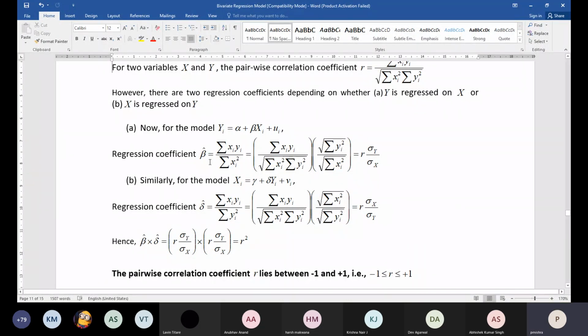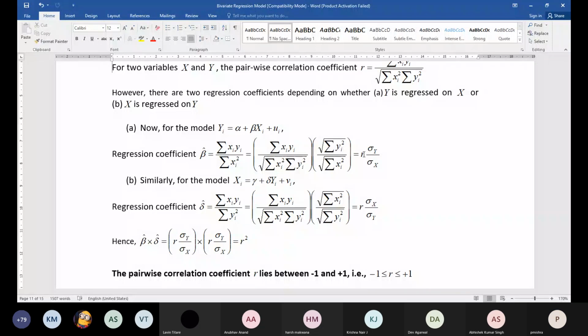If the correlation coefficient is negative, so would be the regression coefficient, because sigma y and sigma x, by definition, we consider them as positive. So if R is negative, beta hat and delta hat would be negative. If R is positive, they would also be positive.